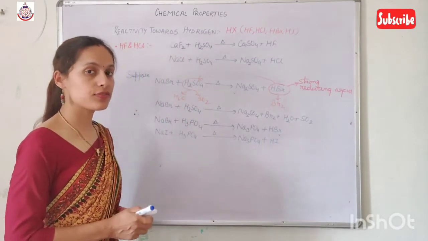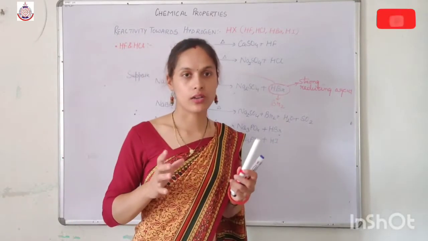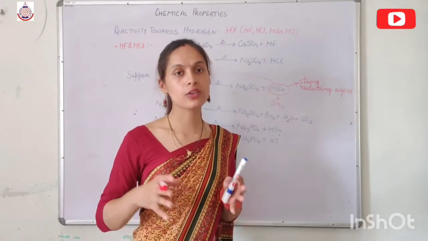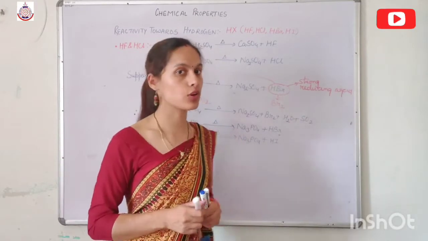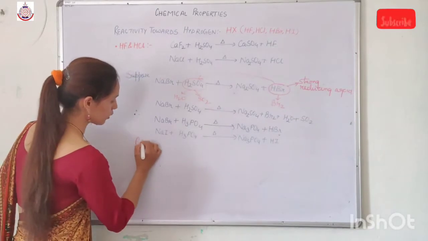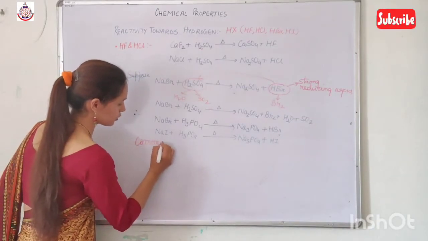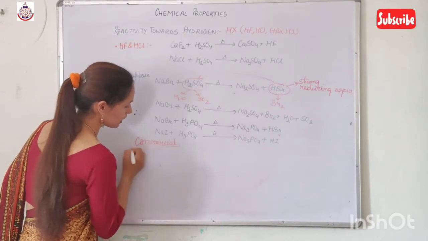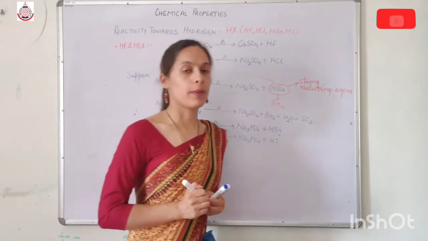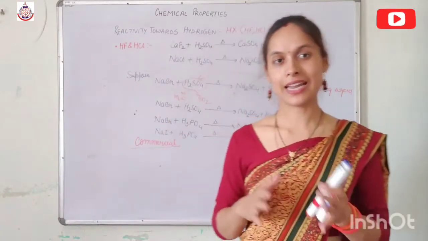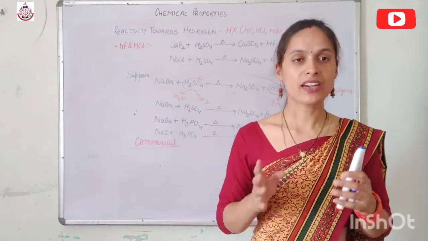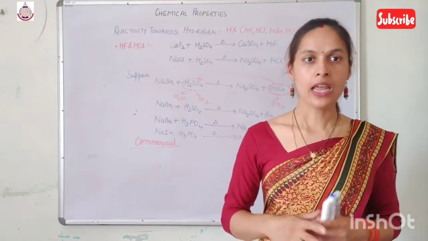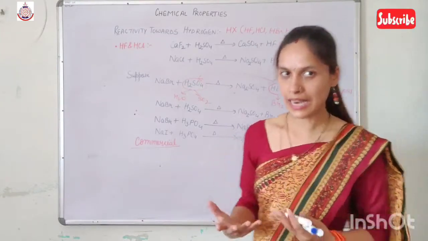But if there is a question in your question paper asking what is the commercial method of the preparation of HBr, then commercially we can prepare HBr by the direct reaction between hydrogen and bromine at 570 Kelvin in the presence of a catalyst.